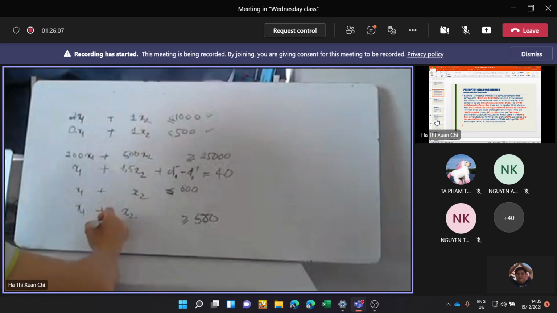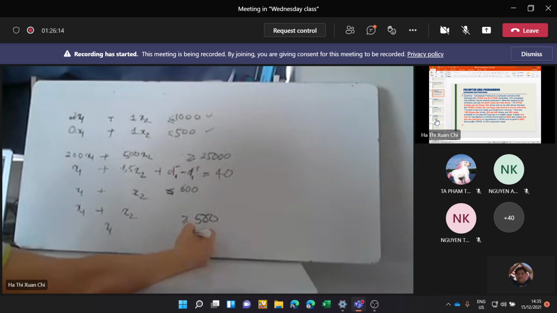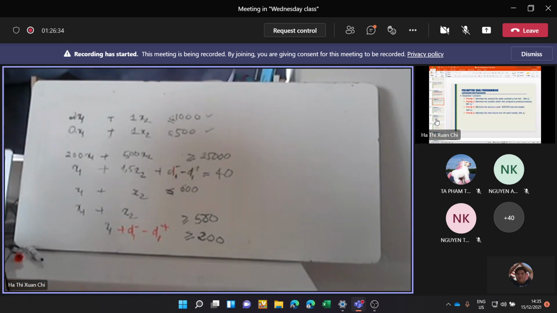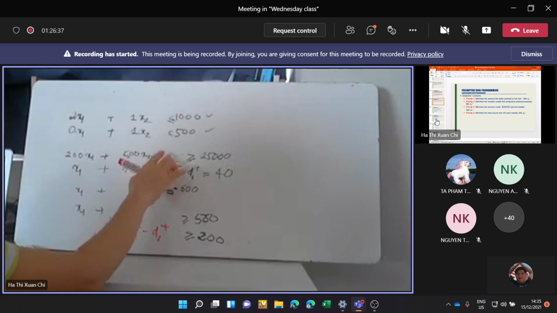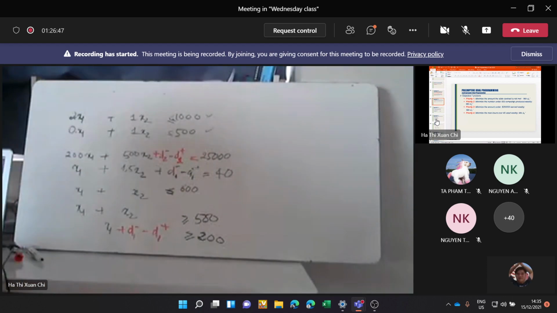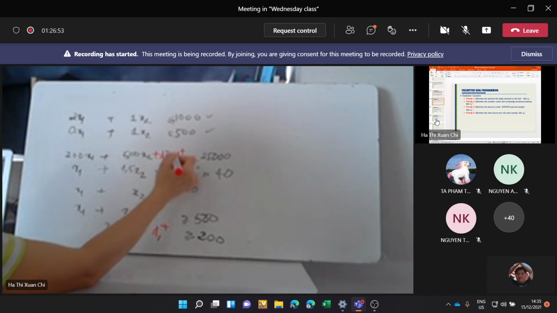So we have x1 will be greater than. So here we have d1 plus, and here second one 2 minus 2 plus, and that it should be d3. Here is d2.